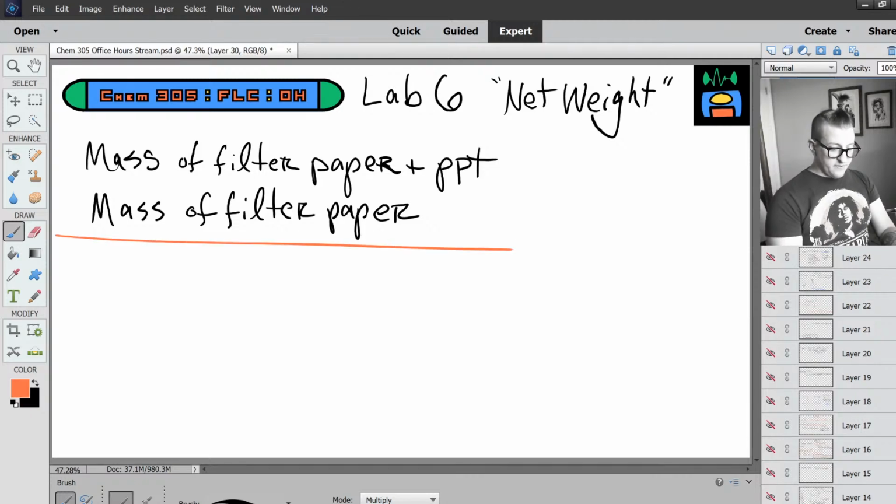If you took the difference of these, if you subtracted one from the other, what you'd have left is just the mass of the precipitate, right?